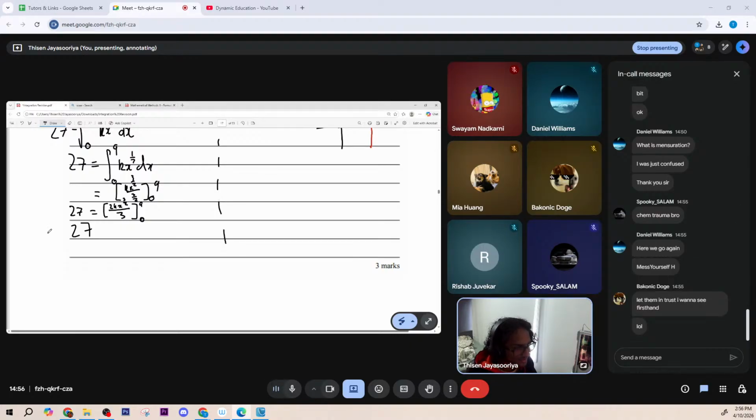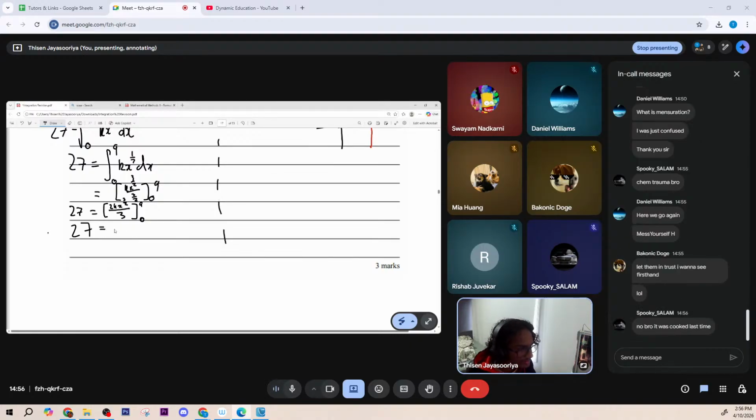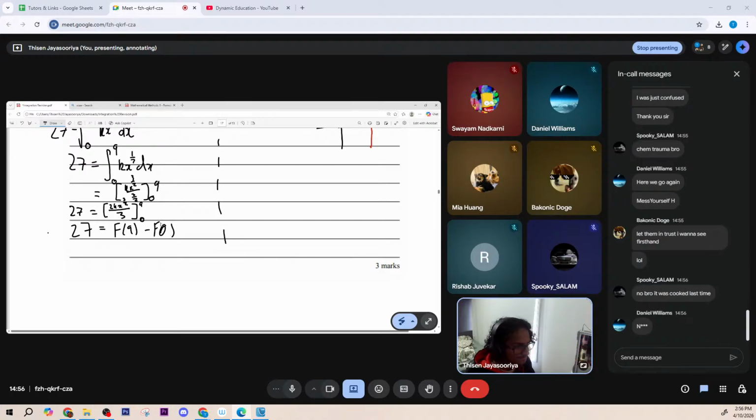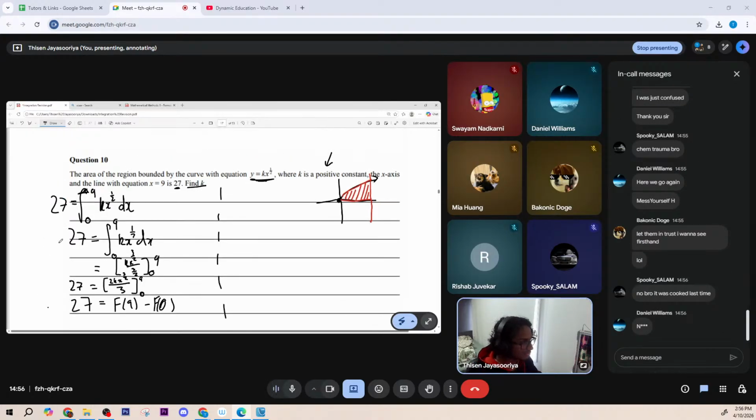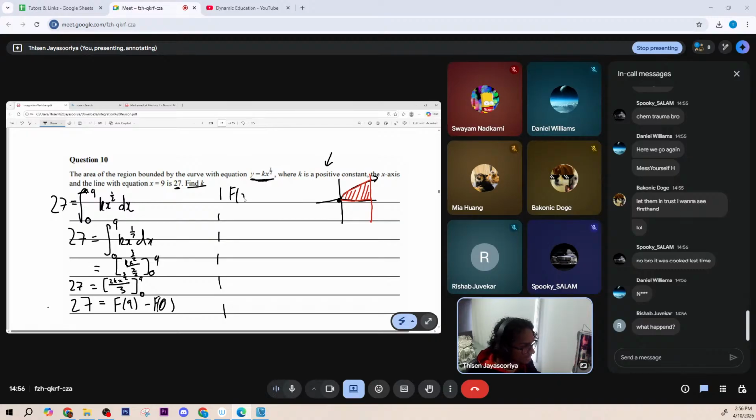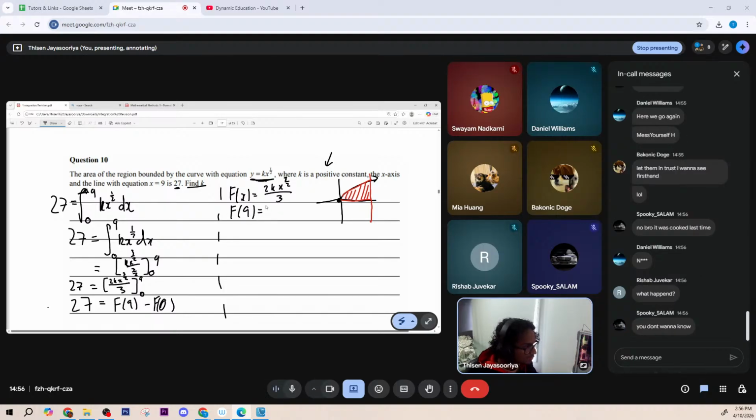So here, right, we then can use our fundamental theorem of calculus. So we have f of 9 take f of 0, yeah? And here, we'll write it up here. So we have f of x equals 2kx to the 3 over 2 over 3. We know that f of 9 is just going to be equal to 2k over 3, 9 to the 3 over 2. Rashab, what is 9 to the power of 3 over 2?